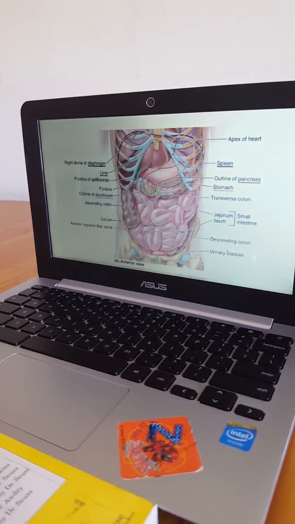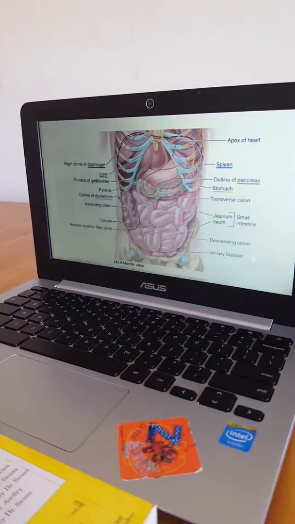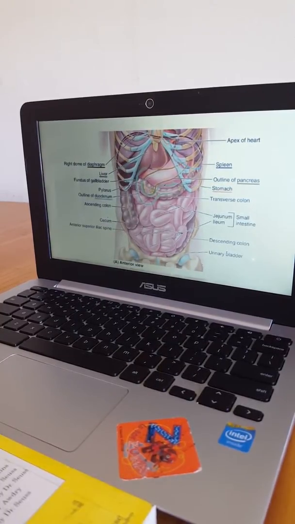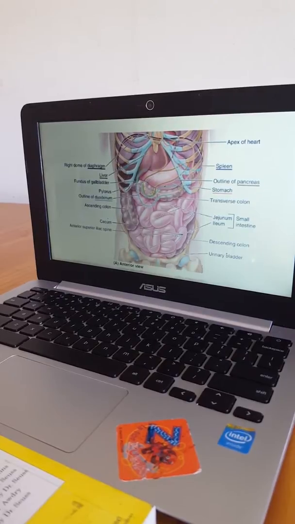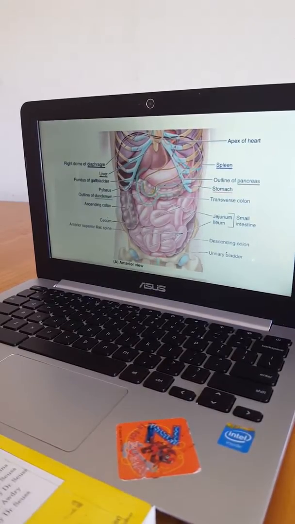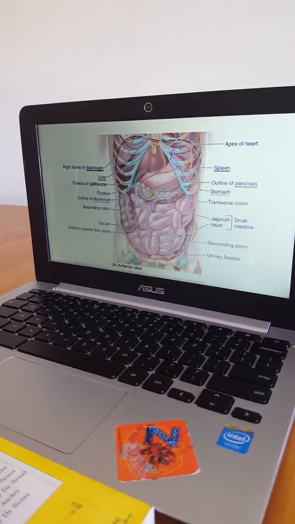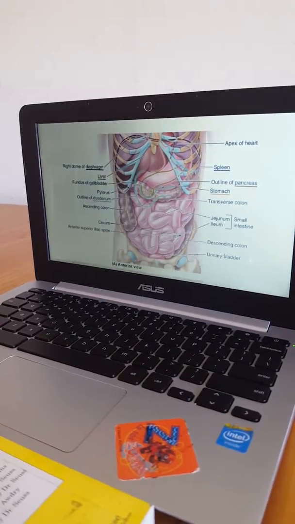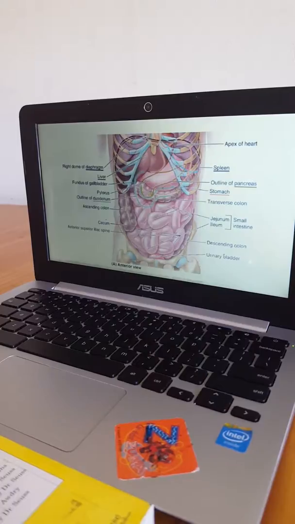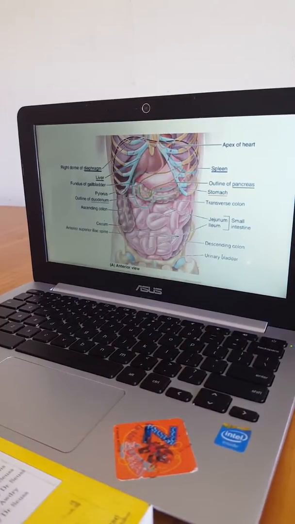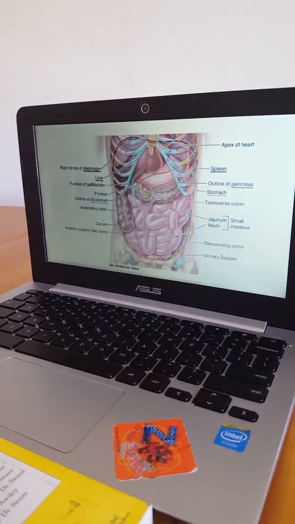So the liver has 2 lobes, right lobe and left lobe. The right lobe is a little bit like this, and the left lobe is like this. We can say that the right kidney lies behind it, a posterior relationship of the liver, and the liver also has a relationship with the right colic flexure.